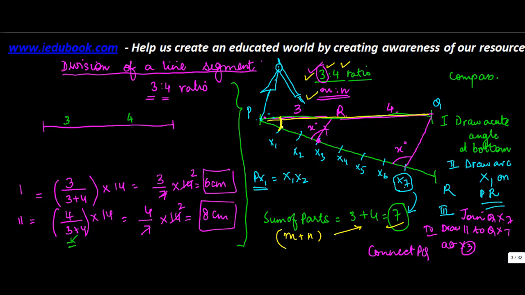Taking a particular length, you start cutting x1, then draw another x2 which is equal to Px1, and similarly keep on constructing this till number 7 because we have 7 parts. Connect x7Q, which is this line. Once you've done this, draw a parallel of this at m. So at x3, you draw a parallel of this by cutting an equal angle, x degree here, join it. The point of connection will be the point where this line is divided in the desired ratio.